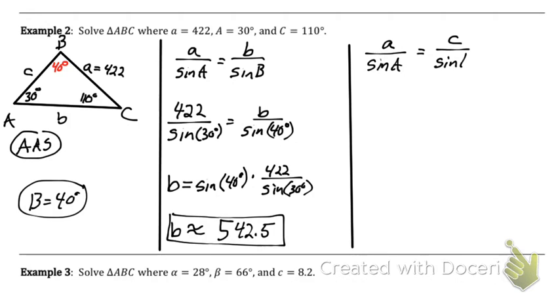Not side A, sine C. A, once again, is 422 over sine of 30 degrees, is going to be equal to side C. If I knew it, I could fill it in there, but I don't. And it's going to be 110 degrees.